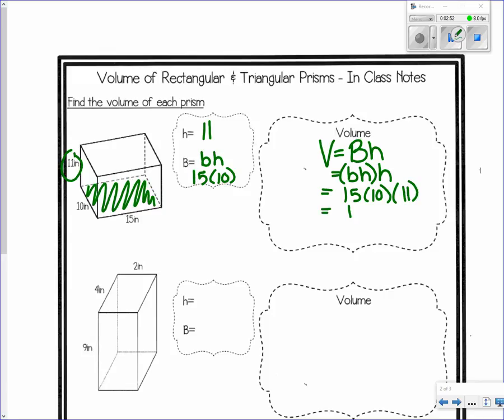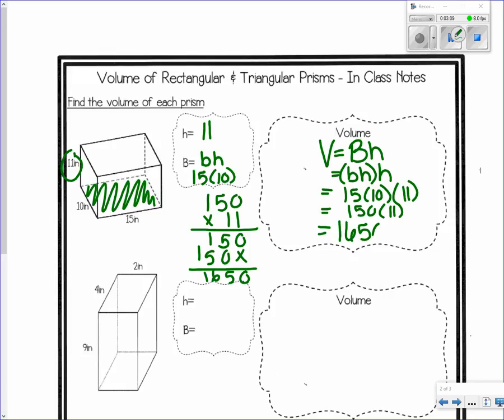So 15 times 10 is 150 times 11. So I get 1,650, and these always have to have units just like surface area. So it's inches. However, instead of squared, volume is always going to be cubed because we are filling it up with cubic inches.